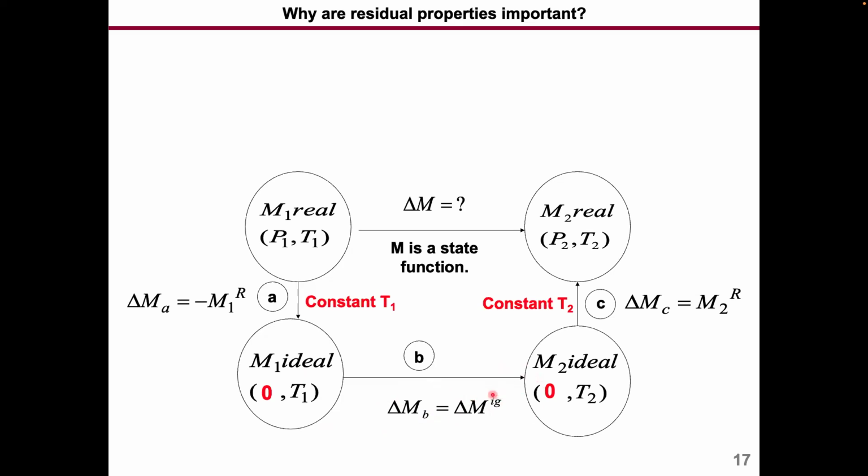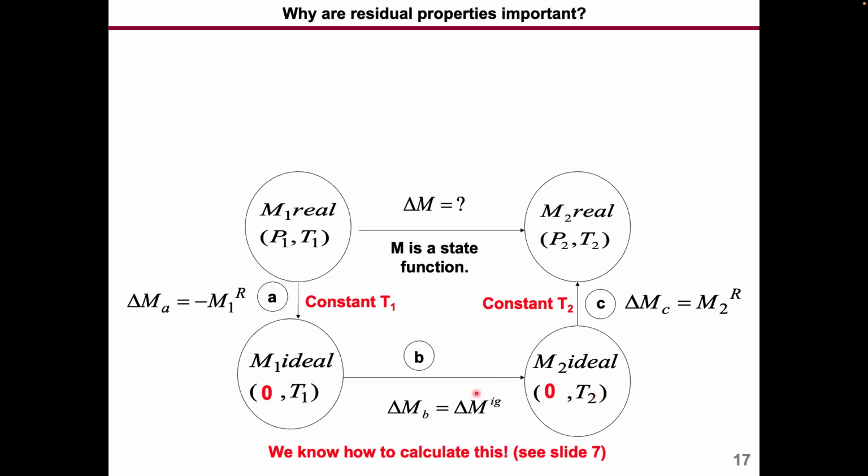If you remember, when we talk about ideal gas, we can set pressure equal to zero, and obviously you have ideal gas behavior. And then we already know how to calculate the ideal gas change in U, H, S when you change from T1 to T2.